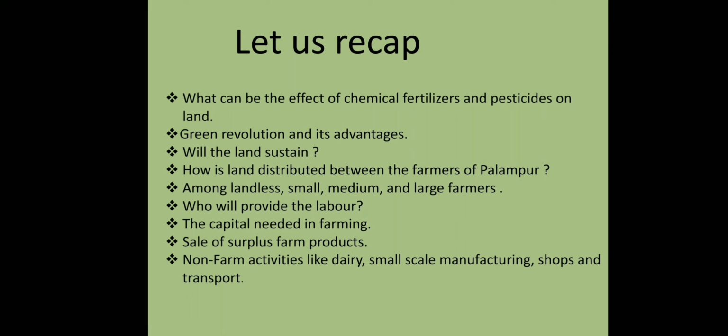How is land distributed between the farmers of Palampur, among landless, small, medium, and large farmers? Who provides the labor required, the capital needed in farming, and the sale of surplus farm products? We have also discussed non-farm activities which include dairy, small-scale manufacturing, shops, and transport.